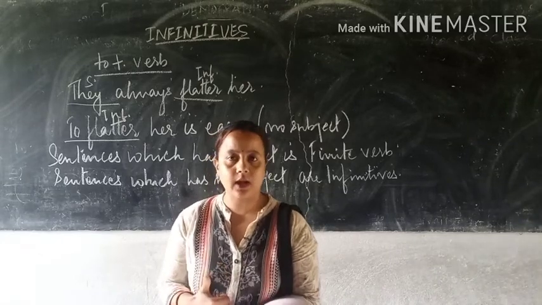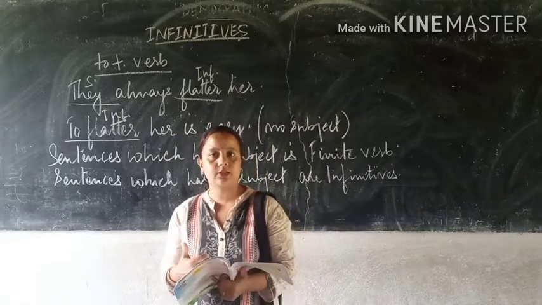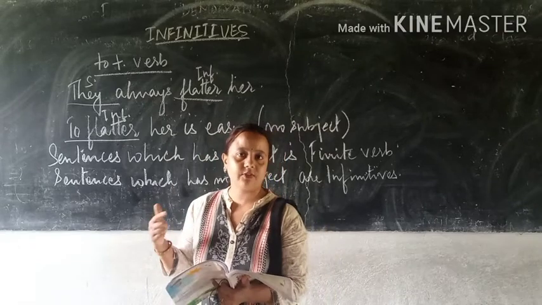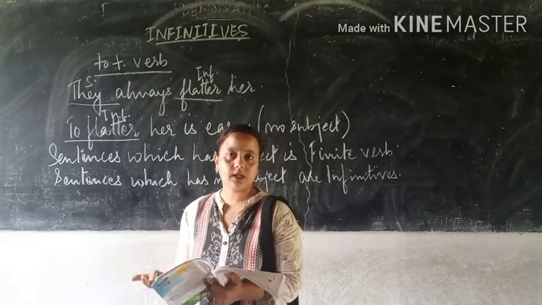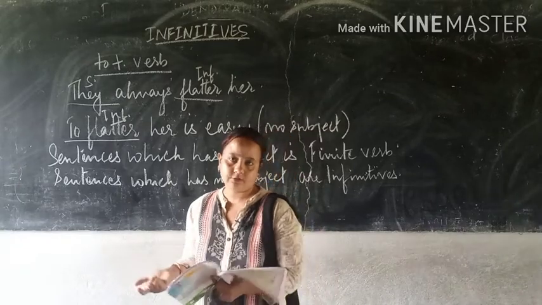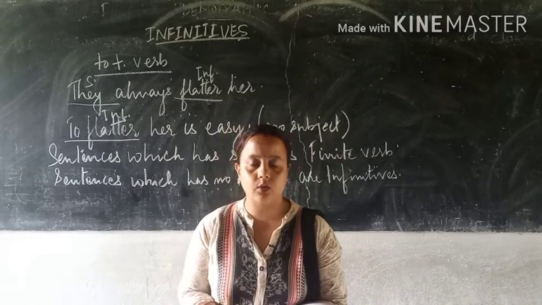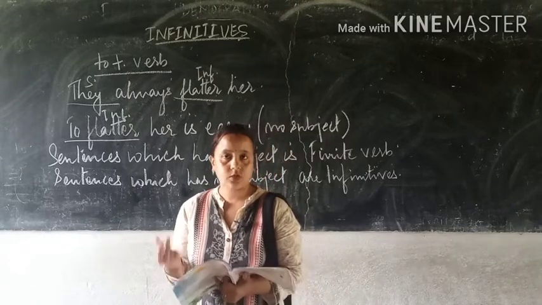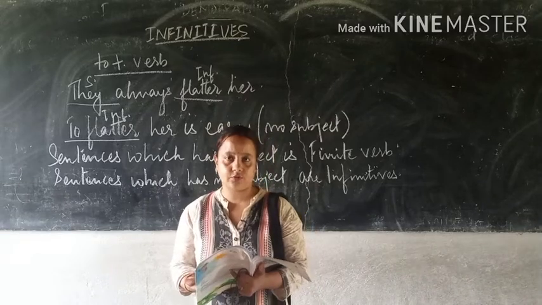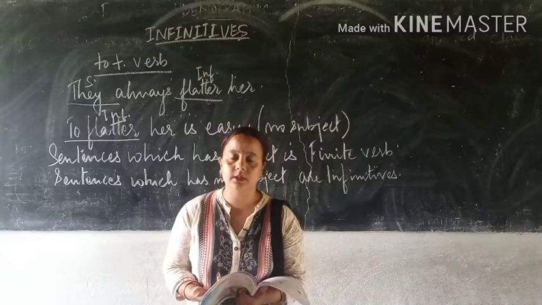First, when we are dealing with infinitives, it is always to plus verb. The verb which we have in the sentence, we just need to put to before it. Second, we will easily find that the sentence will not have a subject. So that sentence will be an infinitive. It will be easy for you to find out. When you see these two things, you will be able to solve the questions.